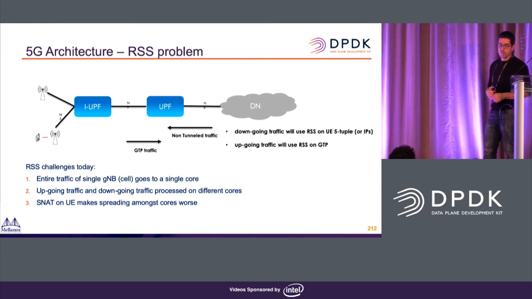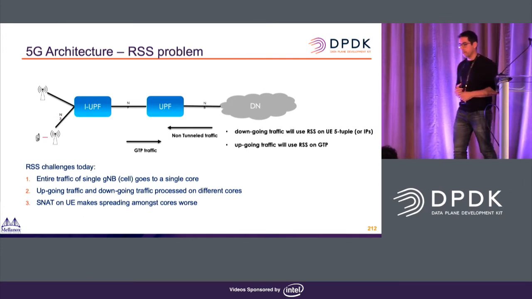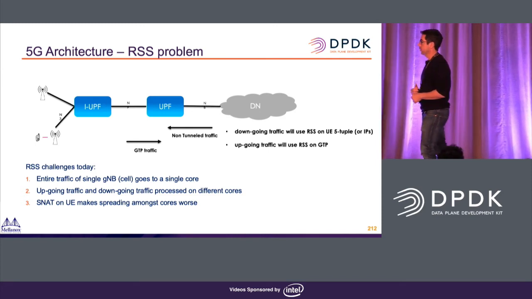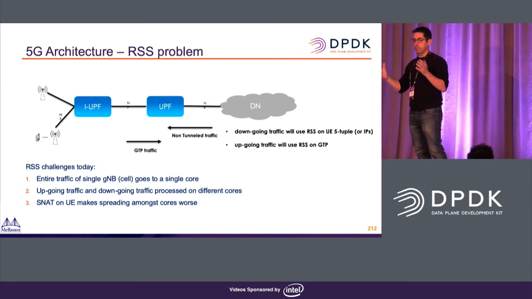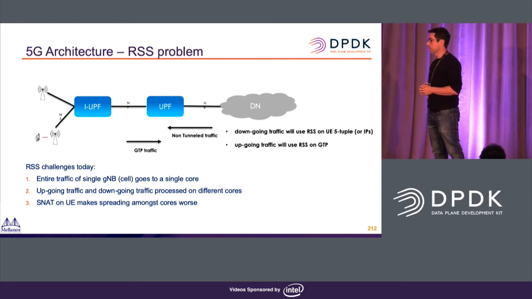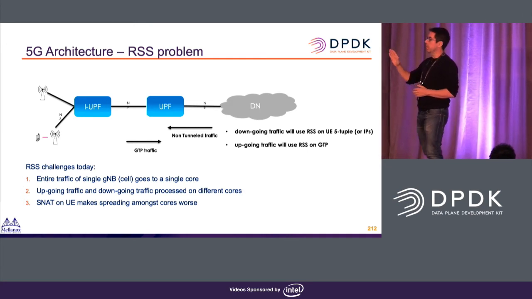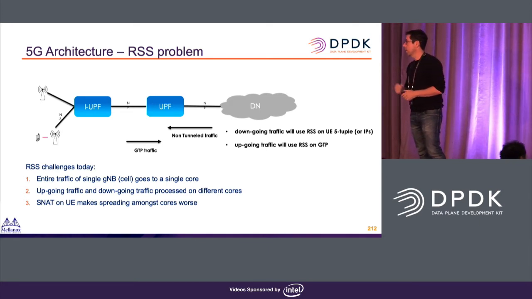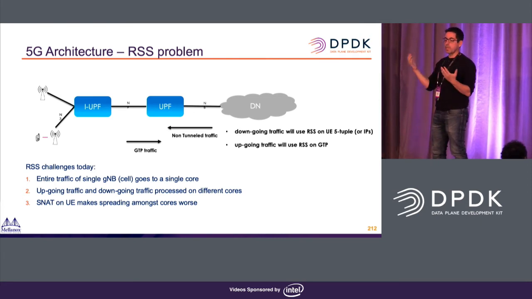Okay, so now we're getting to the problem of RSS. Now, if you want to write a VNF that will do some of the user plane function, if you are located on the edge here, where the traffic goes to the data network, and on the other side goes to the RAN, the radio access network, you have asymmetric traffic.